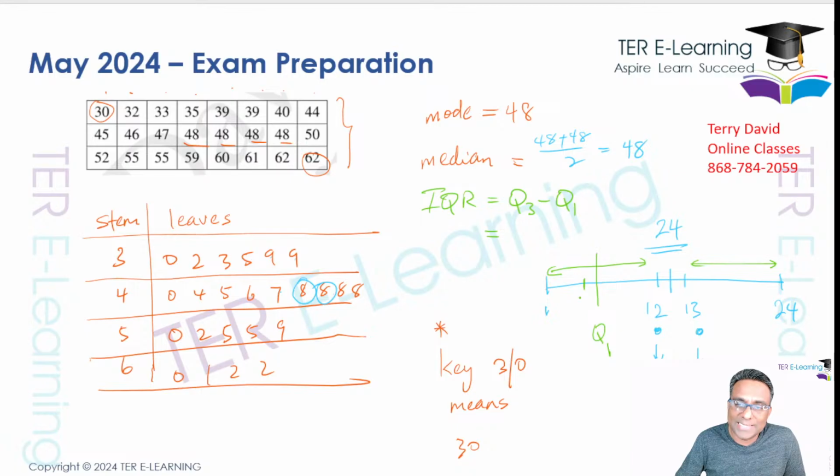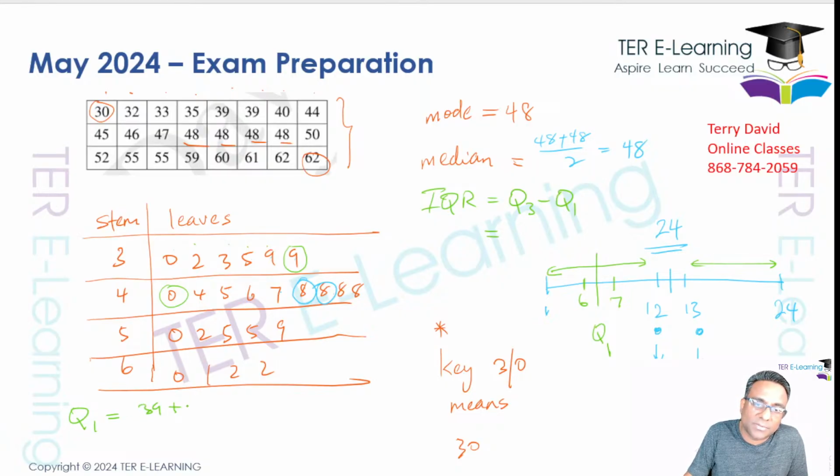So we need to locate the 6th student and the 7th student and get those masses. Going to the table, 1, 2, 3, 4, 5, 6, the values are 39 and 40. Therefore Q1 is 39 plus 40 divided by 2, which is 39.5. So that is what Q1 is.